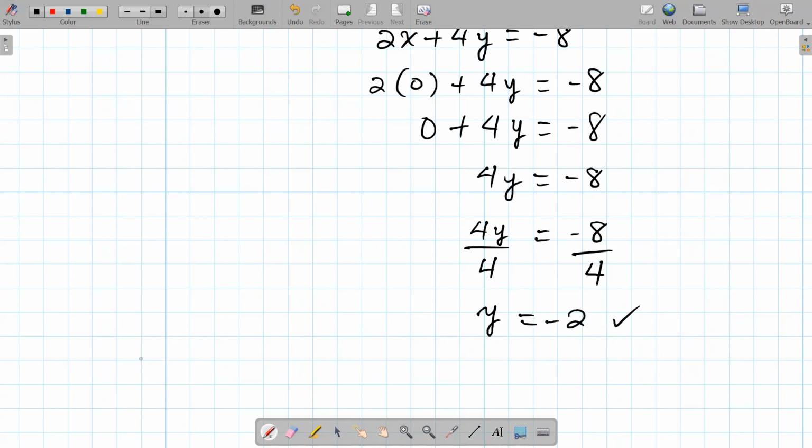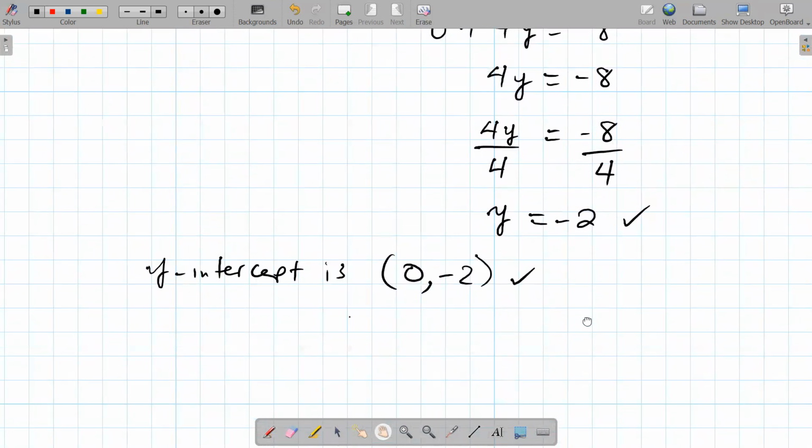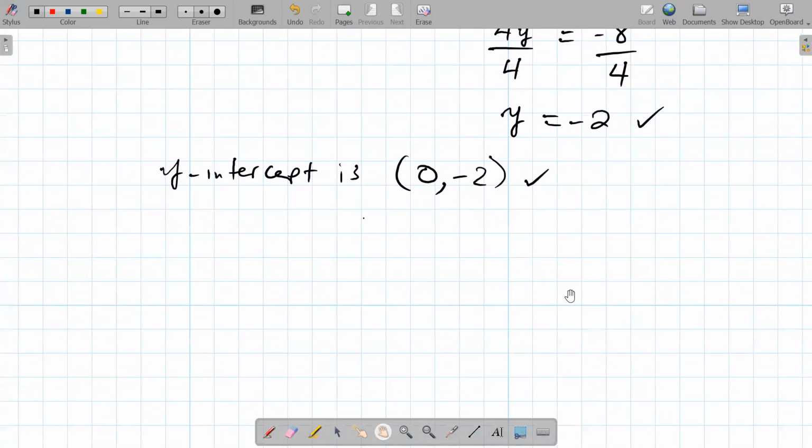Therefore, my y-intercept is, remember, x was 0, so 0. And then the value of y that we just solved for will be that. So pretty much this is how you're going to go about solving for the intercepts of any given linear equation.